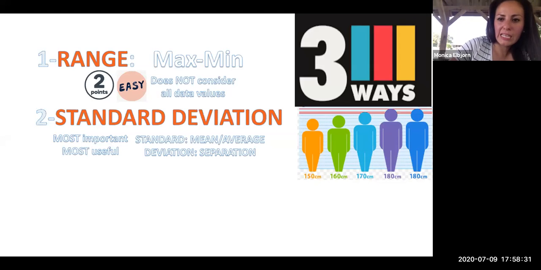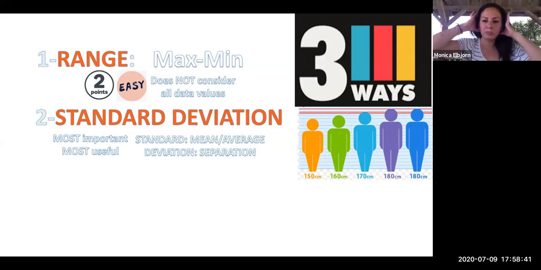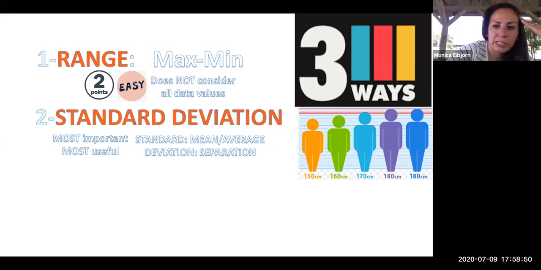Let's say most of us are 5 feet tall, and the red line is 5, and then the blue person is plus 3, and the orange person is minus 3.